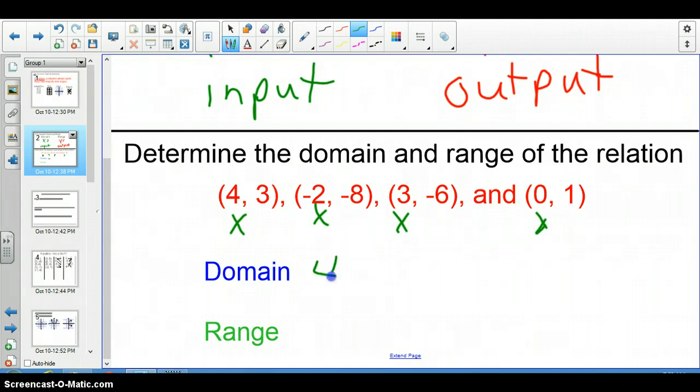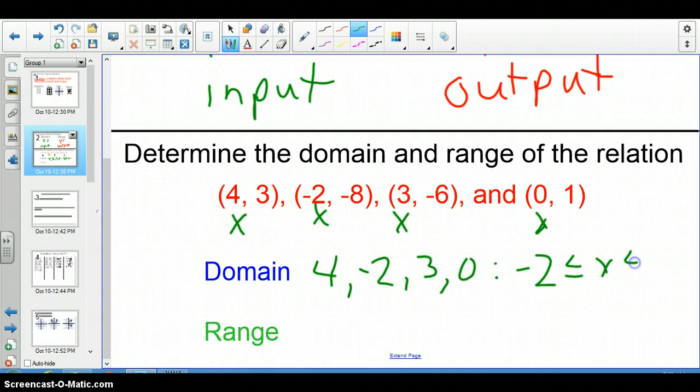So 4, -2, 3, and 0. Or you could write this as an inequality. Our lowest number is -2. It is less than or equal to x, which is less than or equal to our largest x, which is 4.